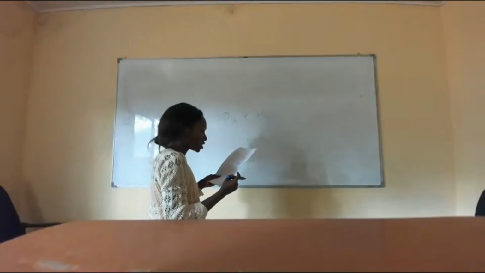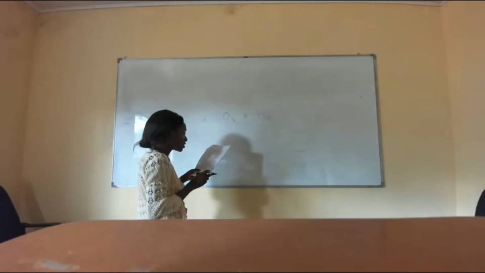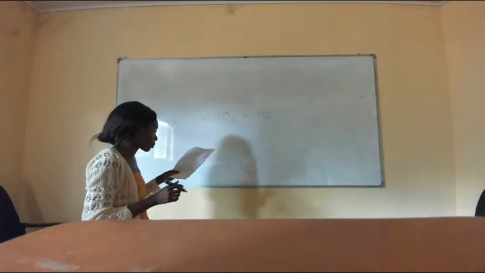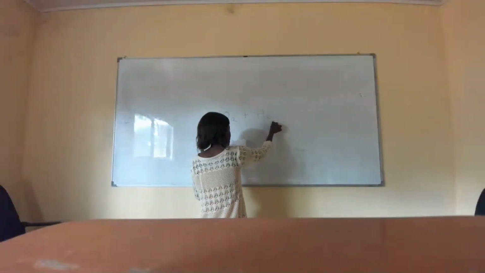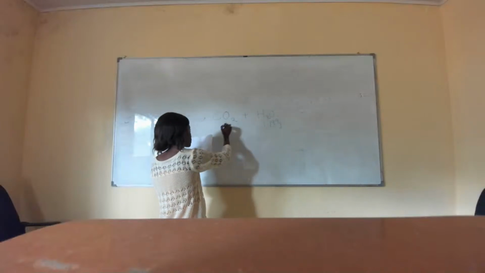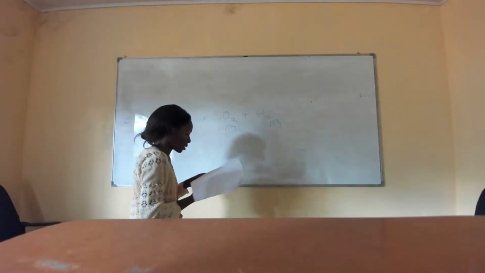But then the question further says we've been given the masses of carbon dioxide and water produced. The mass of water produced is 1.199 grams, and the mass of carbon dioxide produced is 2.197 grams. But the question is asking us to calculate the empirical formula.